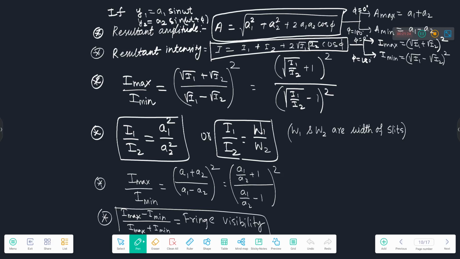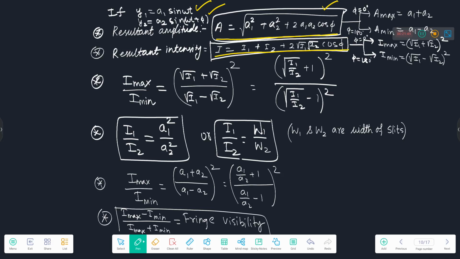Suppose y equals a1 sin omega t and a2 sin(omega t plus phi), or any other sinusoidal function. The resultant amplitude is this formula: A equals root of a1 squared plus a2 squared plus 2 a1 a2 cos phi, and the resultant intensity is I1 plus I2 plus 2 root I1 root I2 cos phi. This is the resultant intensity.